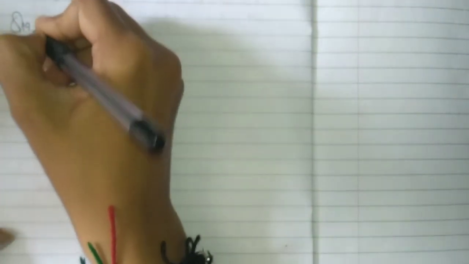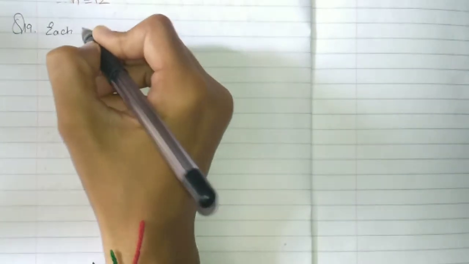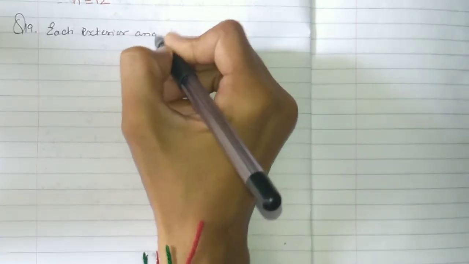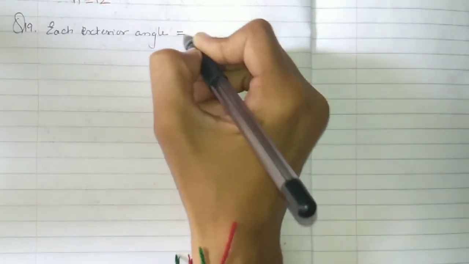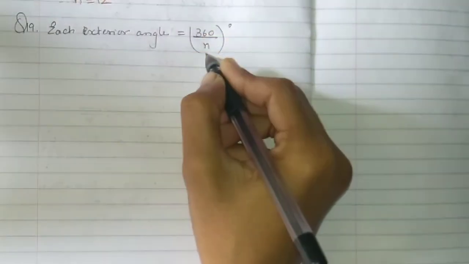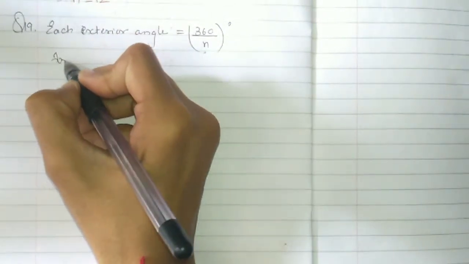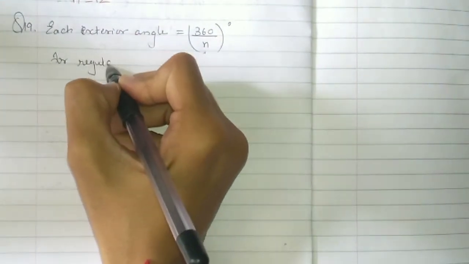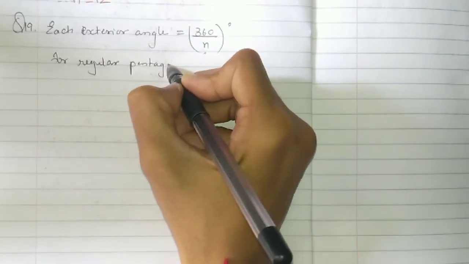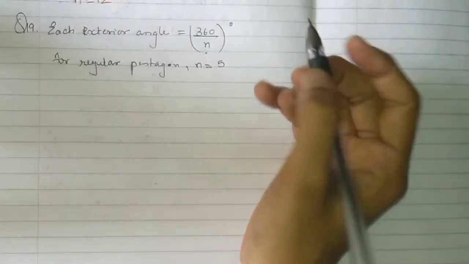Question number 19. First of all, we'll write the formula. Each exterior angle equal to 360 upon n. Here n is sides. So for a regular pentagon, n equal to what? 5 sides.